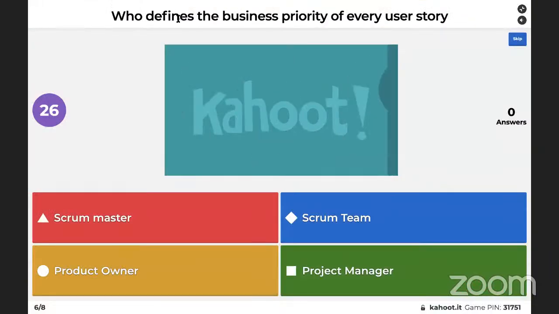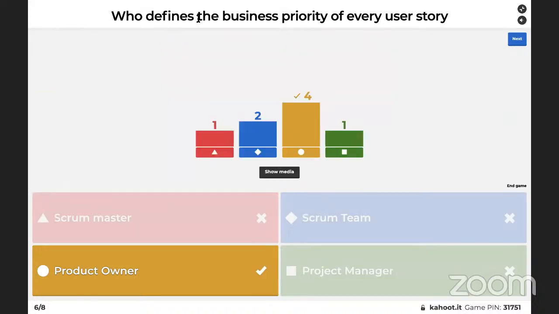You can see the question here, who defines the business priority of every user story? Cool. Product owner. Nice.